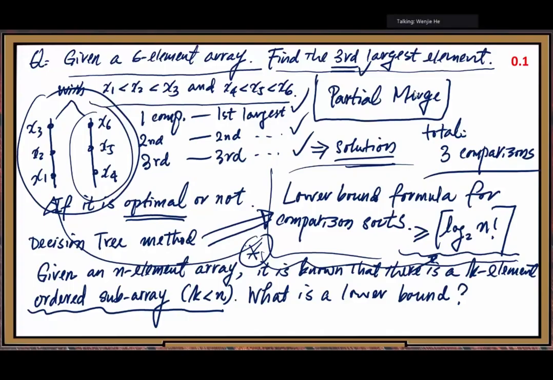All right. To answer this question, we need to draw a decision tree for any algorithm that sorts this array. Decision tree is not for data.